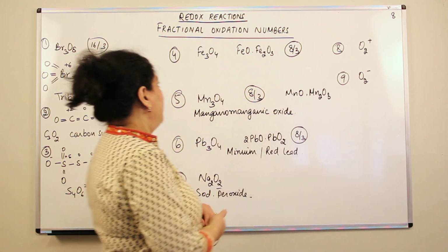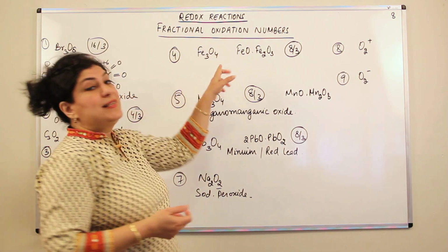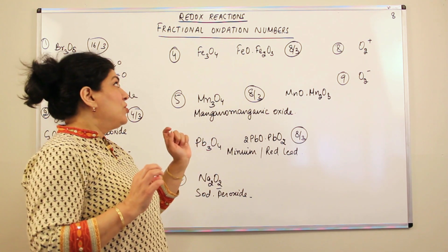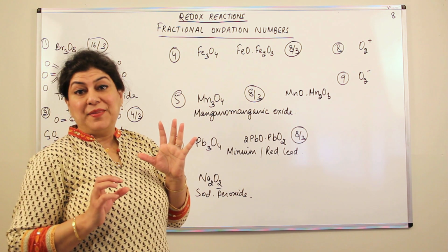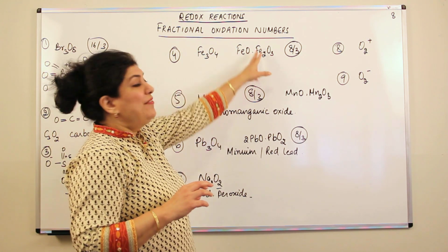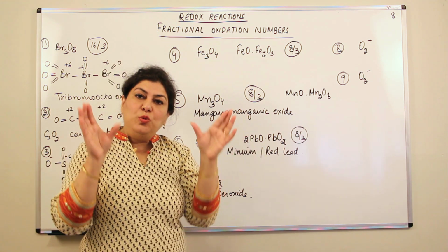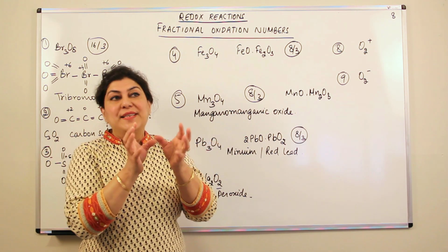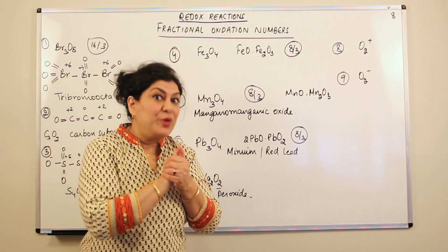I'll just give you an example. Fe3O4 is an example of a mixture of iron oxides, that is ferrous oxide and ferric oxide. This mixture of ferrous oxide and ferric oxide, FeO and Fe2O3, are actually 2 different molecules, yet they usually are present in the same ratio and are present together.